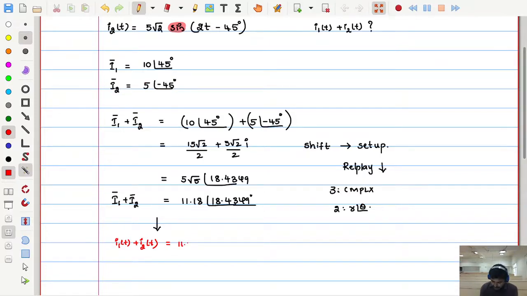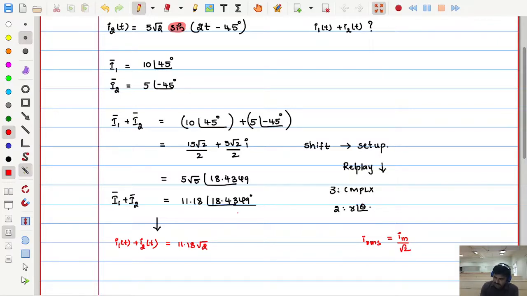That is 11.18 into root 2. This is the peak value. We know that Irms is equal to Im by root 2. What do I need here? Peak value. So how do I get it? Multiply the RMS value with root 2, and you will get the peak value here.